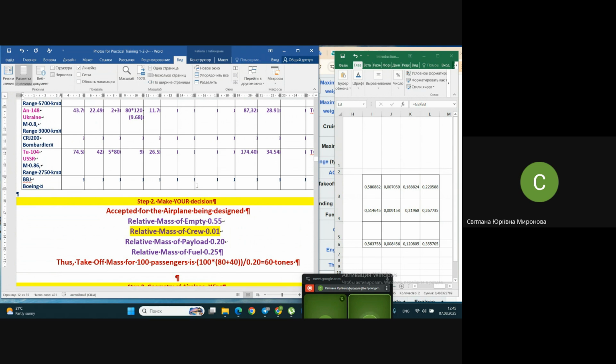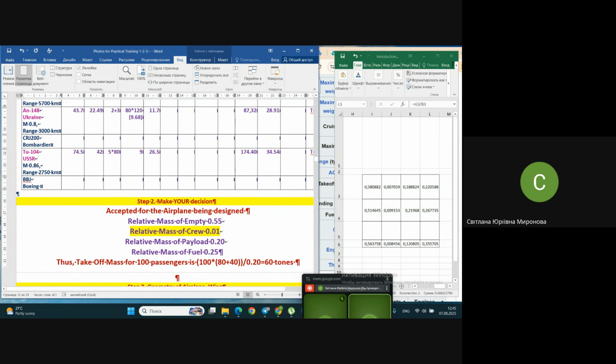For the airplane that we are designing, let's decide what will be our first distribution of weight. As I already said, let the relative weight of the empty airplane be 0.55. 55% of the whole airplane consists of structure, equipment, chairs, toilets, kitchens, and so on.